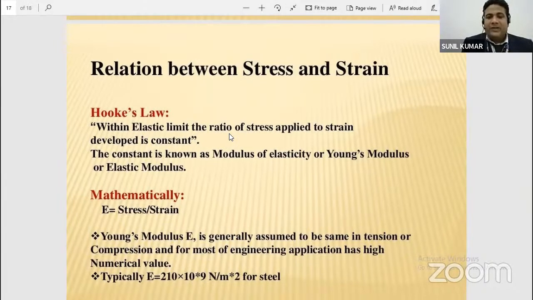In each and every material, E is fixed, like aluminum, copper, zinc, steel, combinations of steels, combinations of aluminum. E is already given in tabulated form. Suppose E for steel is 210 into 10 to the power 9 Newton per meter squared. Similarly, some data is provided for aluminum, and some data for copper.